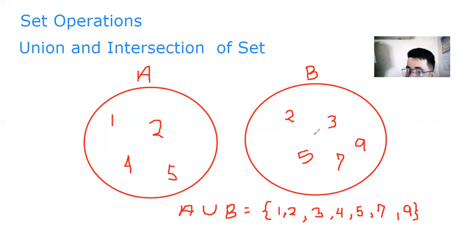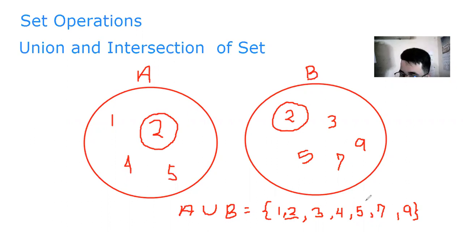So, take note, class. For example, we have element 2 in set A and we have element 2 din kay set B. So, isang beses lang natin isusulat si element kahit na dalawa yung may element sa dalawang set, okay? In every set, we only need to write one element.